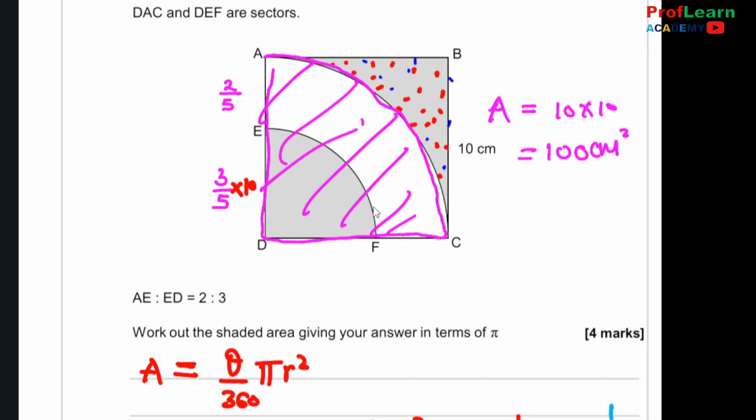Then I will also work out the area of this sector ACD, which is going to be equal to 90 over 360 pi times 10 squared. So if we try to simplify, 9 will go into 36 4 times, so it will be 4 pi over 4 times 100. Once it will go 20 times, so the final answer is going to be 20 pi.